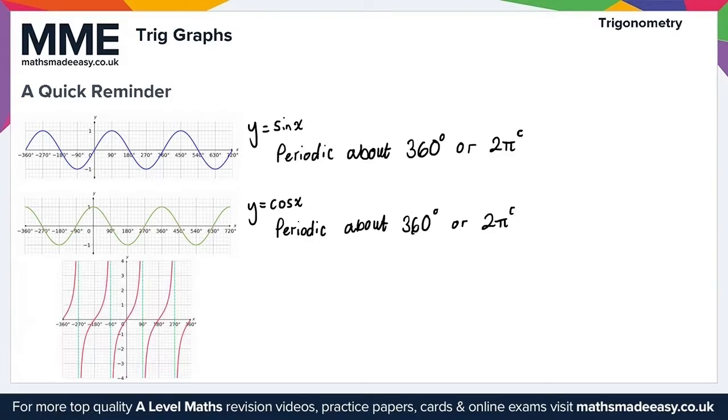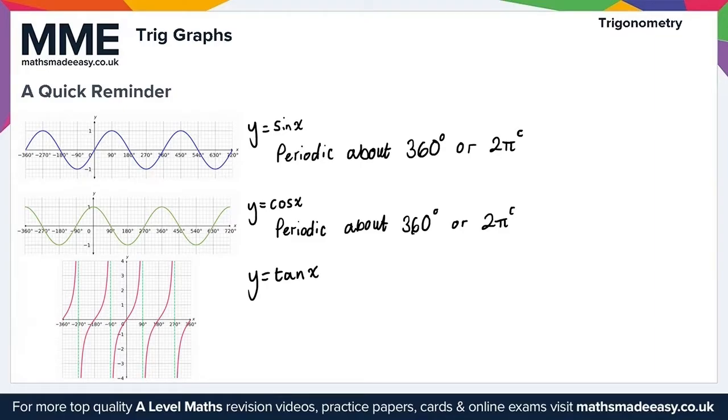Finally, we move on to y equals tan x. You might notice that y equals tan x has quite an unusual shape, especially compared to our previous two trig functions. However, we can deduce several things from the graph.